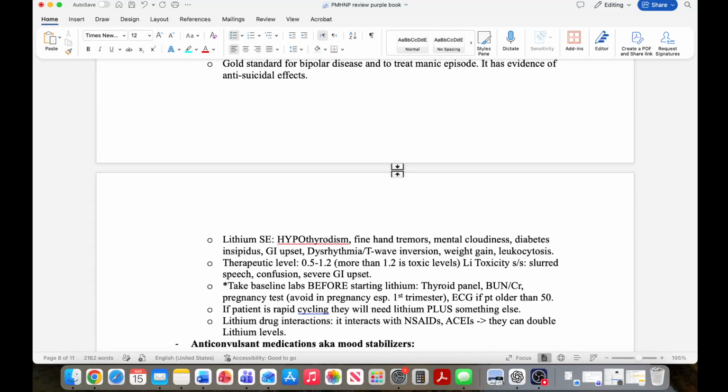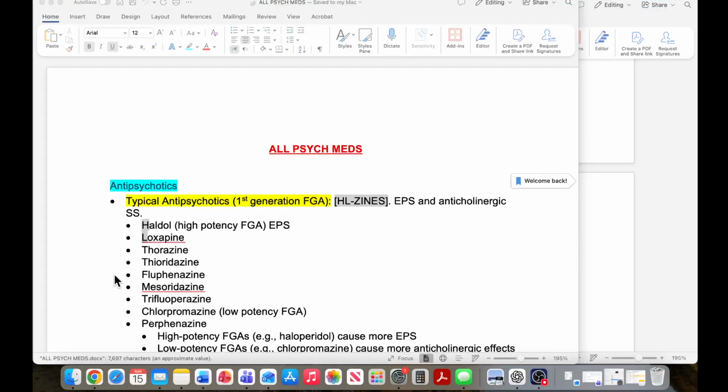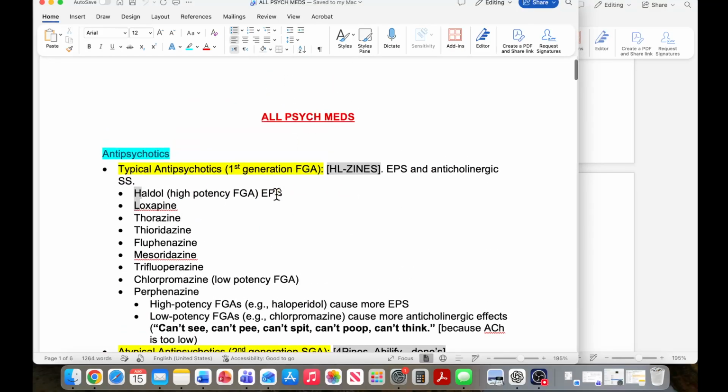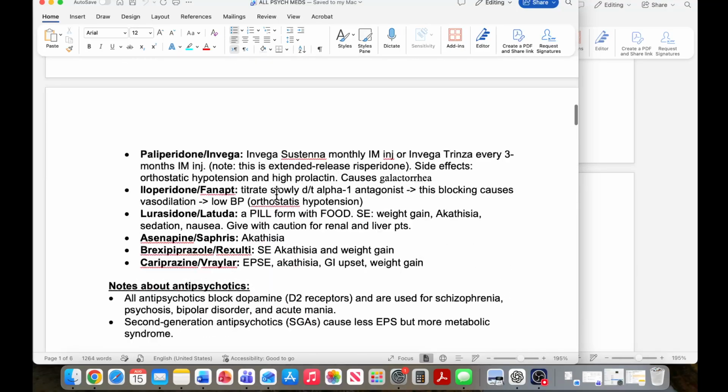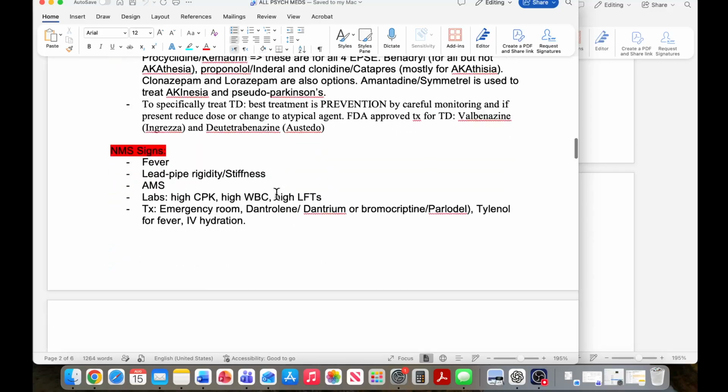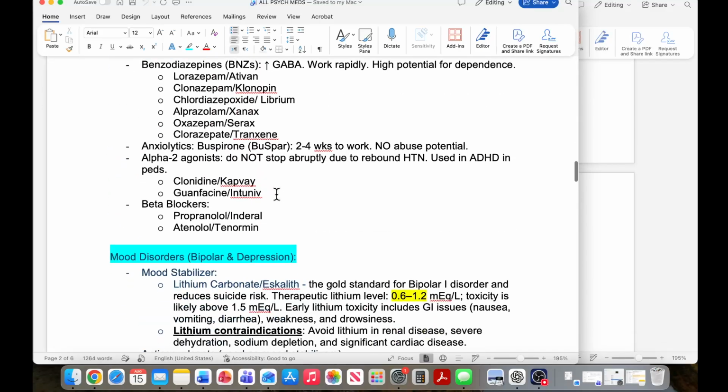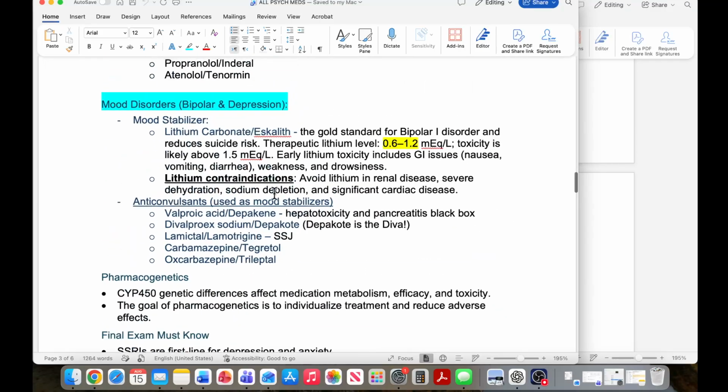All right, now I have another document, let me find it here, where I put pretty much all the psych medications. I did go through this, obviously, because I study all the time. I started here and wrote some information. The gold standard, reduced suicide, therapeutic lithium.